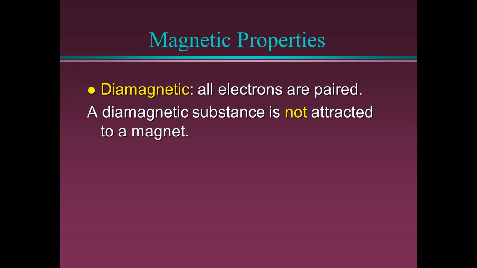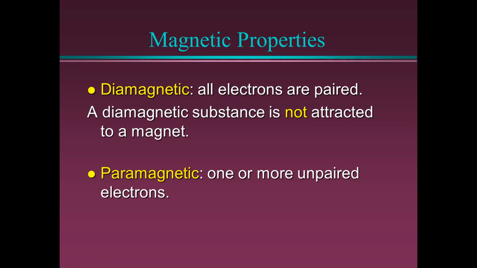The second two terms are diamagnetic and paramagnetic. This is also not new. We introduced this one to you, but before we talked about the molecular orbital. Diamagnetic means all electrons are paired, and so this substance is not attracted by a magnet.